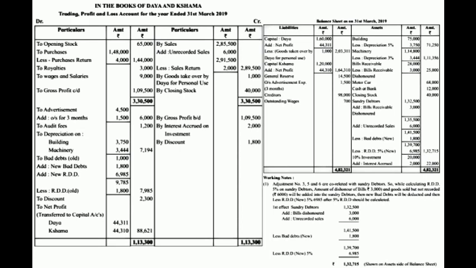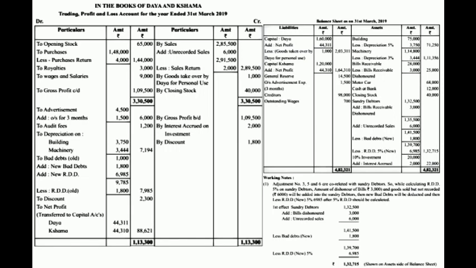Again now in debtor, after calculating all the bill dishonor, unrecorded sales, bad debt, now the net amount we are getting from the debtor is 1,39,700. Now this is my net amount. So now the company can provide a reserve for doubtful debt for the next year, the coming year.